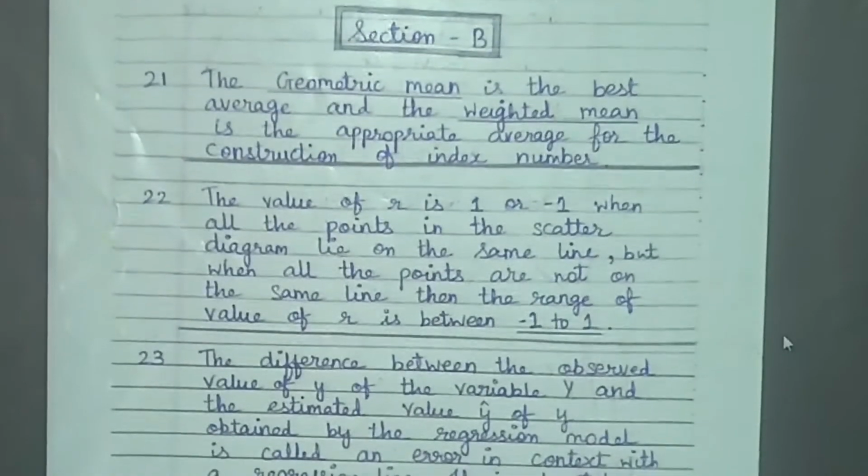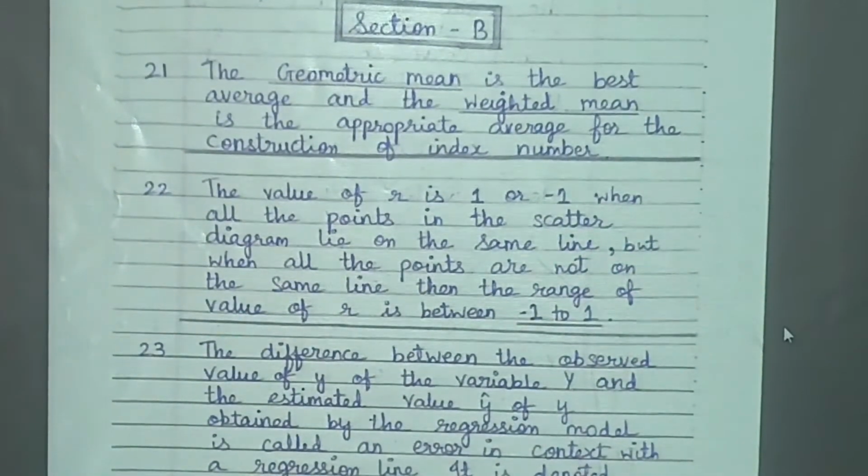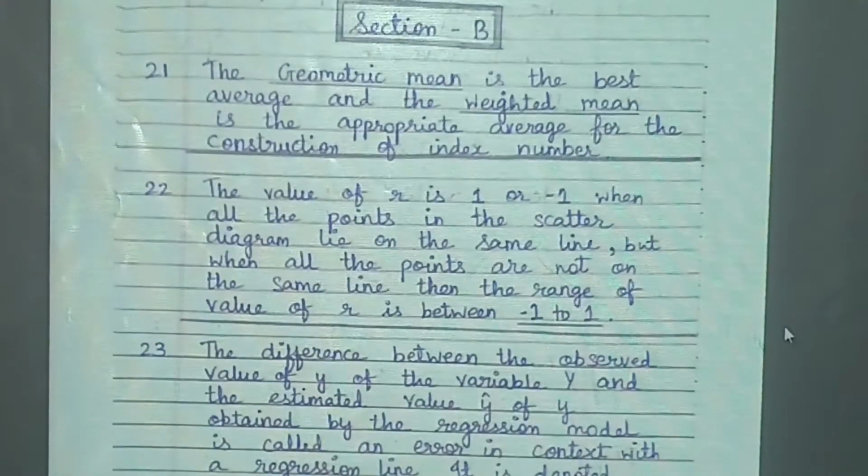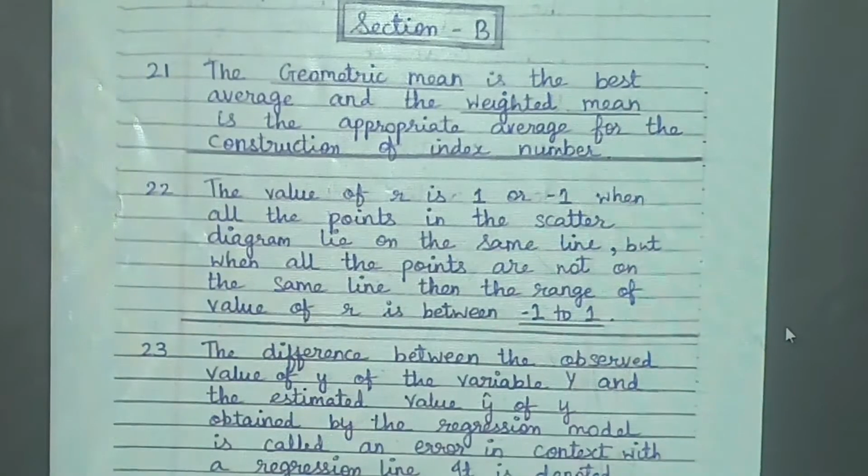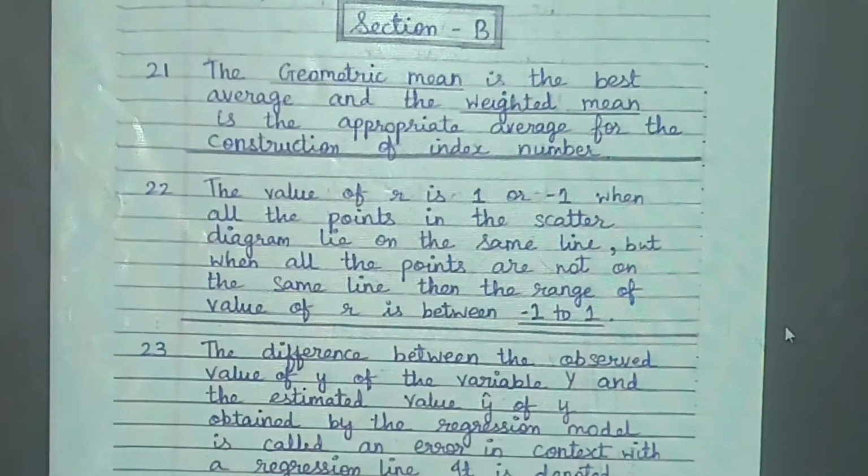In question number 21, geometric mean is the main answer, so underline that word, so we will get full marks. After the answer to question 21, you have to draw a line, as it is a part of presentation.